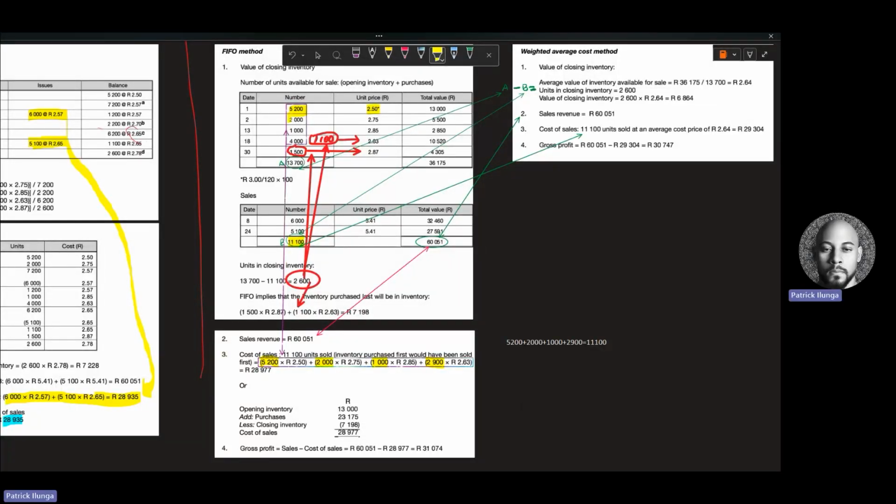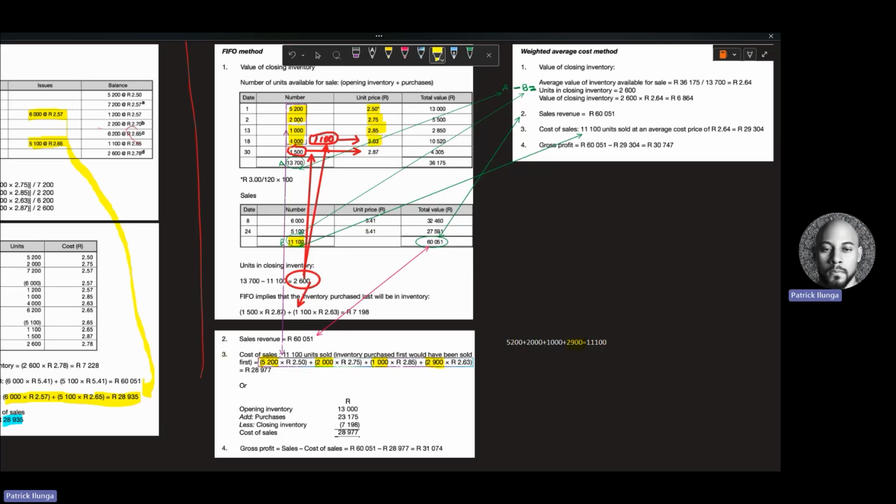What came second was this, at this cost. What came third was this, at this cost. If we add these up together, we will only be left with 2,900 remaining to get to the 11,100. And this last one will come from the 4,000 at this cost.